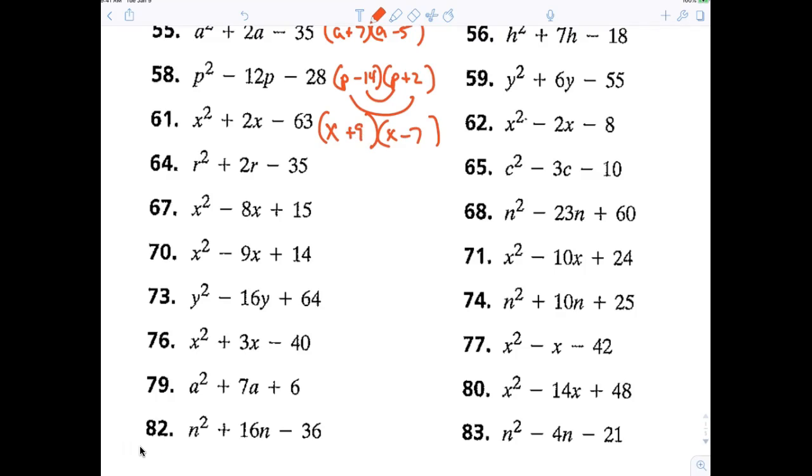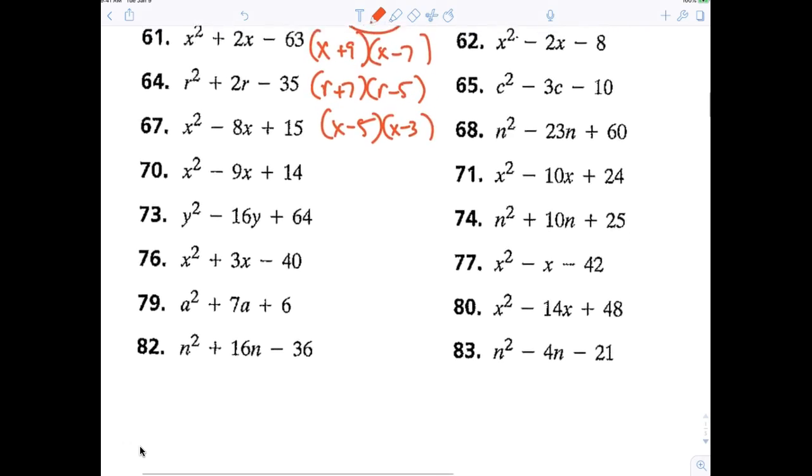Who's got 64? Go, Caroline Brandeis. And then plus 7. Good. 67. Who's got it? Danzy: It would be x in parentheses and then x minus 5 and x minus 2. Beautiful. See, I told you guys, easy. Will, did you say 70? Tell me about 70.